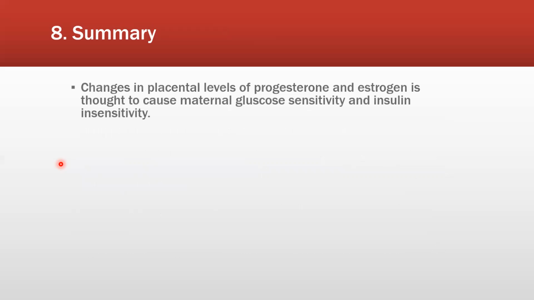All right, so let's kind of look at what we talked about. So diabetes, or gestational diabetes, is due to changes in placental levels of progesterone and estrogen. They're not really sure why this occurs, but for whatever reason, it results in a maternal insensitivity to insulin and glucose, which results in hyperglycemia.